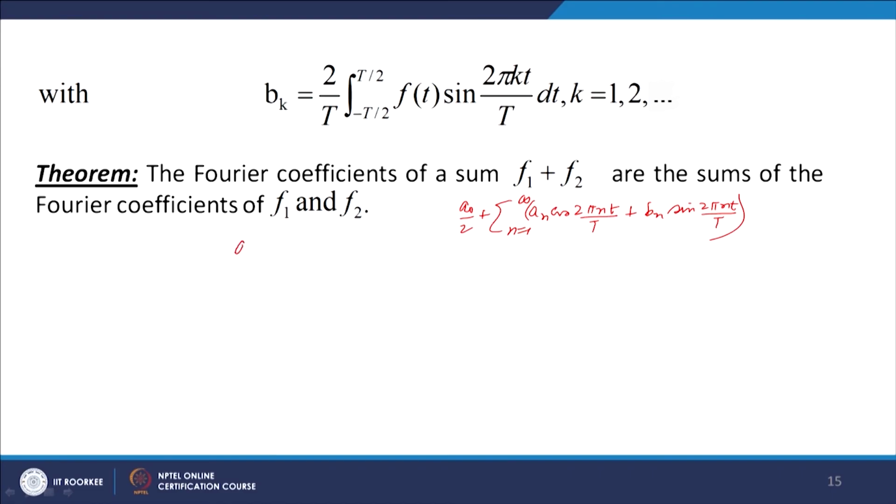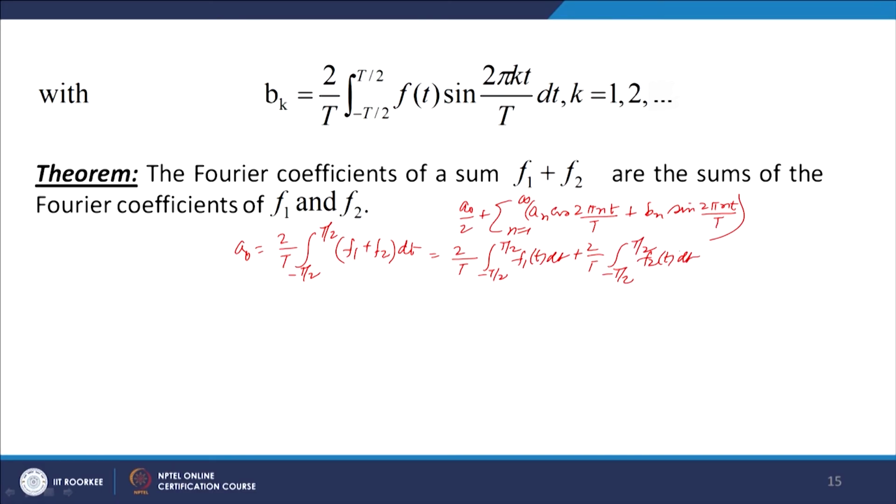Let us begin with a naught, which is equal to 2 over T, integral from minus T by 2 to T by 2 of f 1 plus f 2 dt. We can write it as 2 by T integral from minus T by 2 to T by 2 of f 1(t) dt plus 2 by T integral from minus T by 2 to T by 2 of f 2(t) dt.